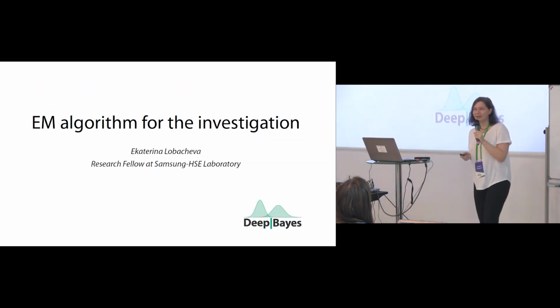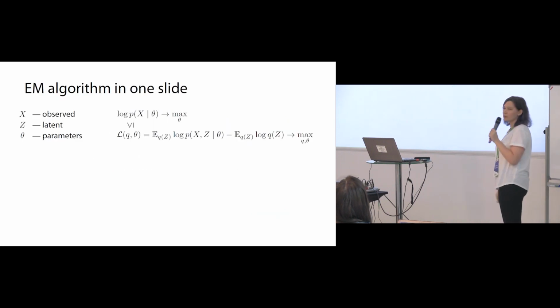Even though you just listened to the whole lecture about the EM algorithm, we will summarize what the EM algorithm is in one slide. The EM algorithm is an optimization algorithm for doing inference in probabilistic models with latent variables. Here you have some observed random variables x, some latent random variables z, and some parameters theta.